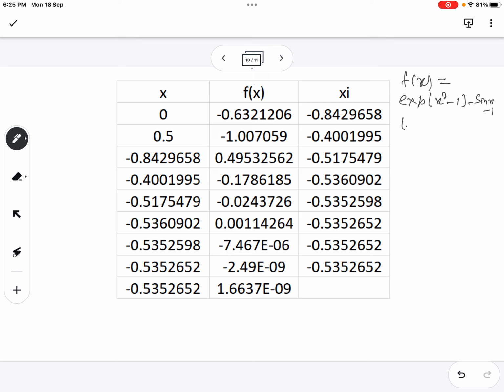Now let us choose two initial approximations, and these are x0 equal to 0 and x1 equal to 0.5.